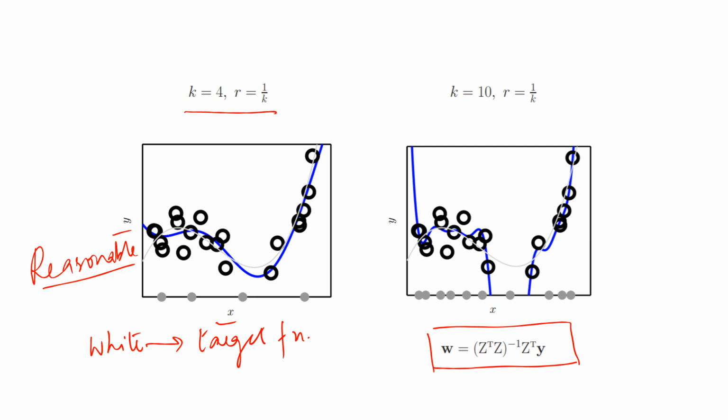Now here on the right hand side, d is again 1, so r is exactly 1 over k, and k is 10. Since 10 is larger, r goes down, and using k equals 10 we are again trying to fit the linear model. As you can see, we have more centers because k is greater, and r is smaller. And so this is not a very good approximation of my target function.